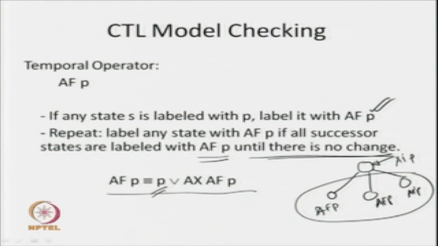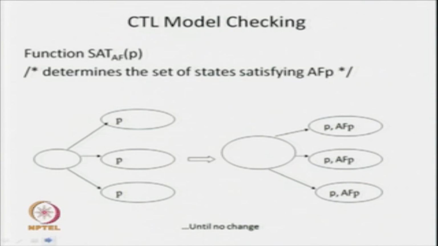So, this is done with respect to this particular equivalence. If P is true, that means this is the first step, and we are repeating this second step for the remaining portion. Now, you just see this given model. Just as an example, these are the three states where P is true, that means they are labeled with P, and this one is not labeled with P.